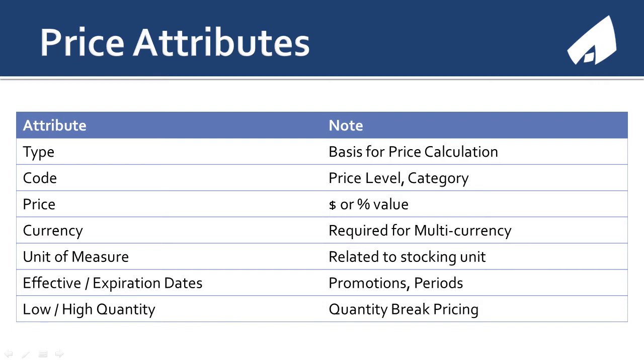That way ACCTivate will see it as a price break for anything over 21. If you stop at 11 to 20 and you don't add another price break for when a customer orders over 21, then it'll actually revert back to the list price or to the price category price, depending on what you have set up. And of course, we're going to go over this during the demo.